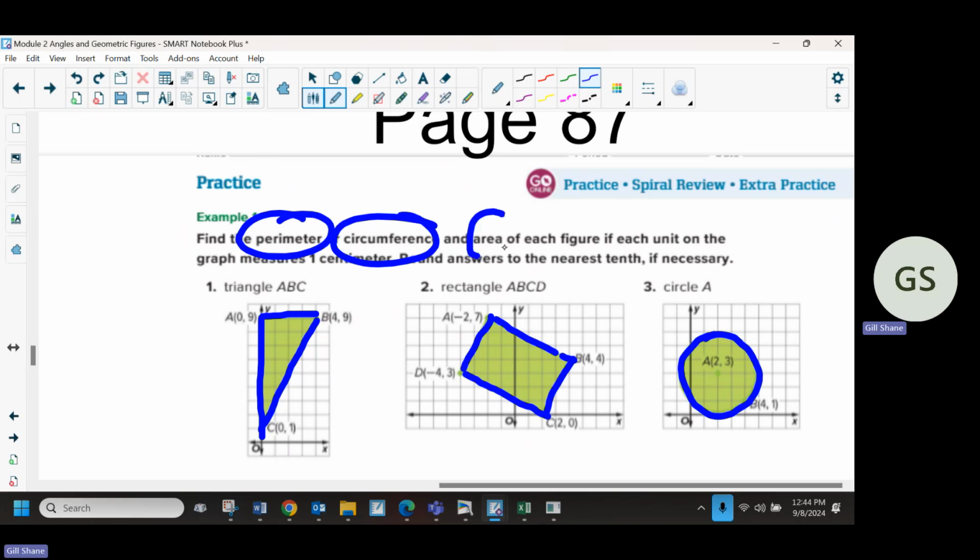Now, area has its own formula. You get the formula for the area of a circle. Area of a circle is, and you might sort of remember it when I say it, that's the area of a circle. You also get the formula for circumference, which is kind of like the perimeter.